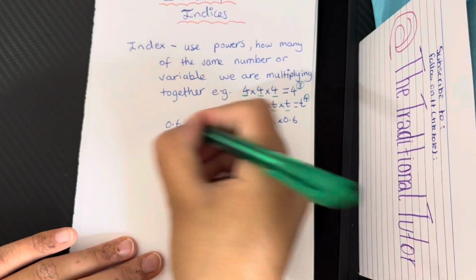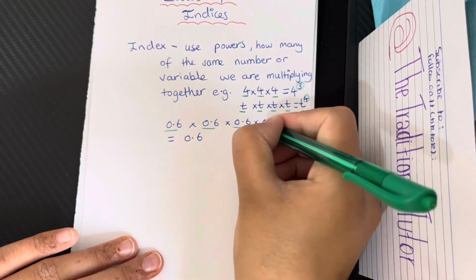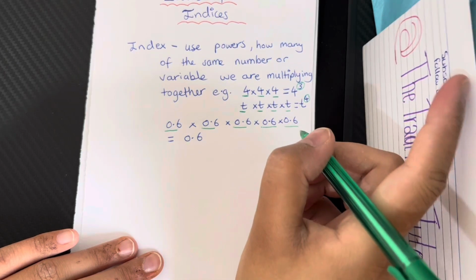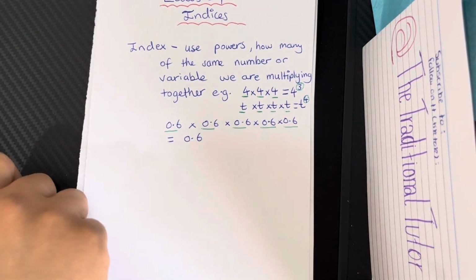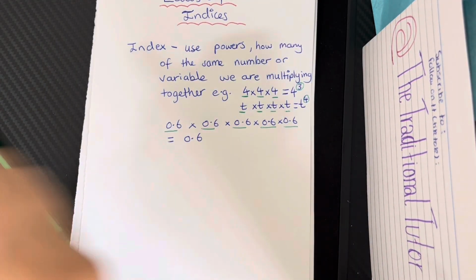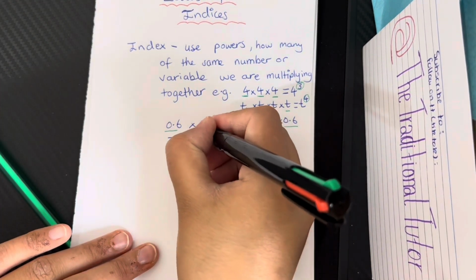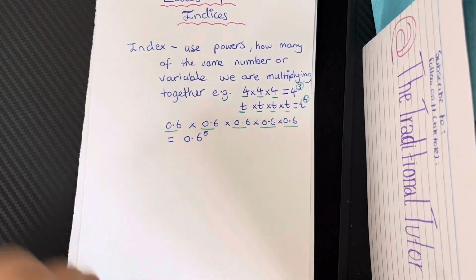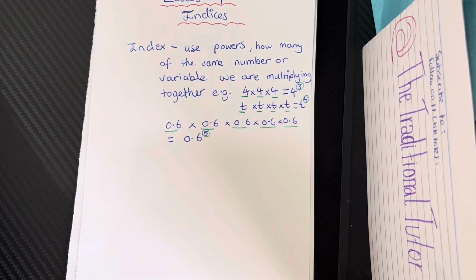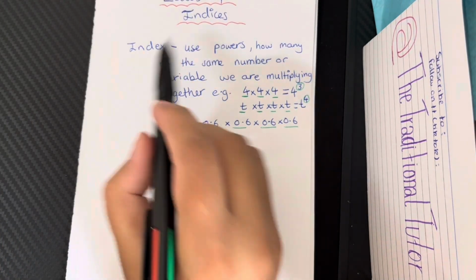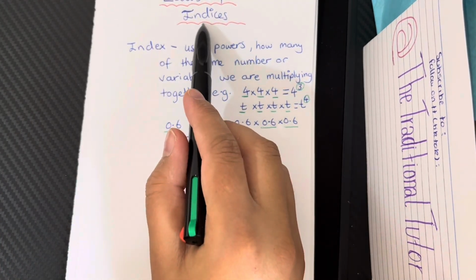So we've got 1, 2, 3, 4, and 5. So therefore, it means we will have 0.6 to the power of 5, if we were to represent that using indices.